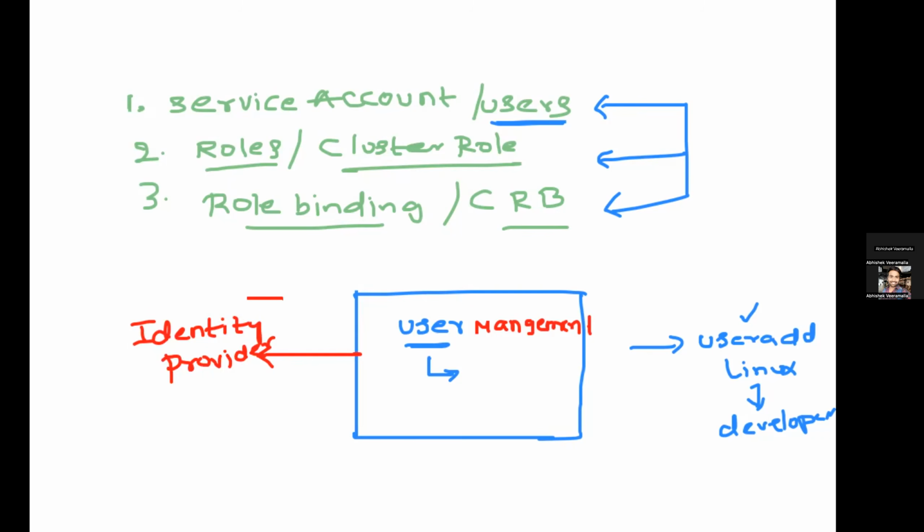But this part is very important to understand, because when you work in an organization, let's say your organization is using EKS, AKS or OpenShift, how do you create these users? How can you say that a DevOps engineer should log in with this specific user?